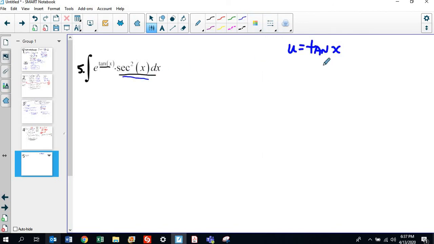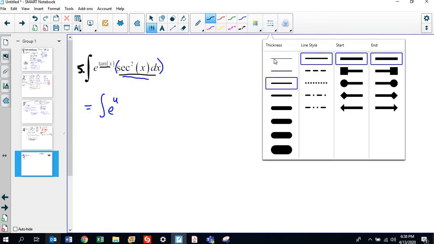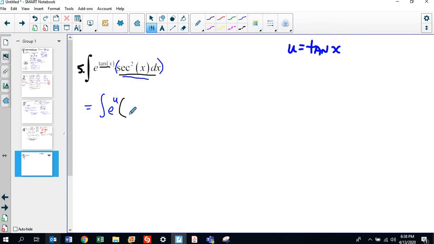If I pick u equal to tangent, what's du? The derivative of tangent is secant squared. So that's a wonderful confirmation that this is probably a good choice. So u goes up top. I have secant squared x dx in the bottom. Once you get really good at this, you're going to be able to do both of these steps at the same time, but I don't recommend it yet.